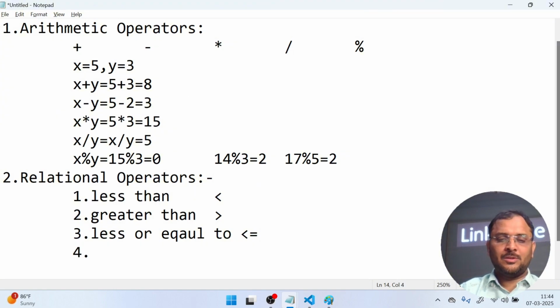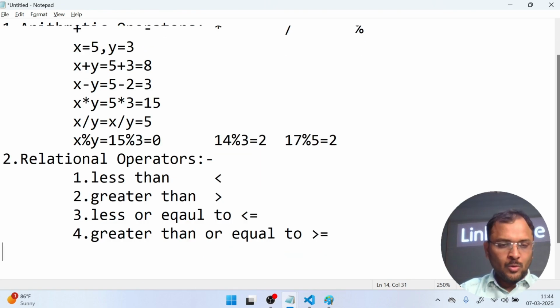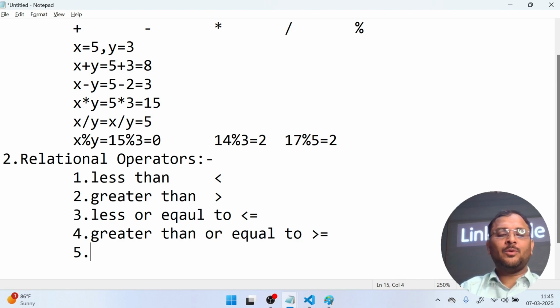Fourth one is greater than or equal to. The fifth operator is equal to, this is the operator here.